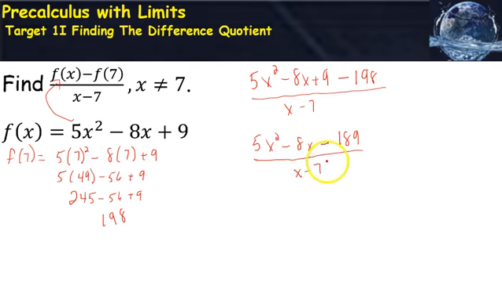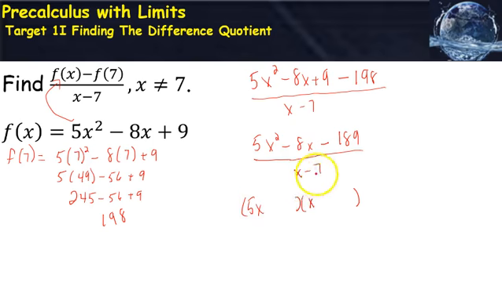Now, it'd be really cool if I could get an x minus 7 up here. So I'm guessing that I can factor this into an x minus 7. So I'm going to factor this top, but I'm going to show you a little bit of a trick here. We know it's going to be 5x and x.